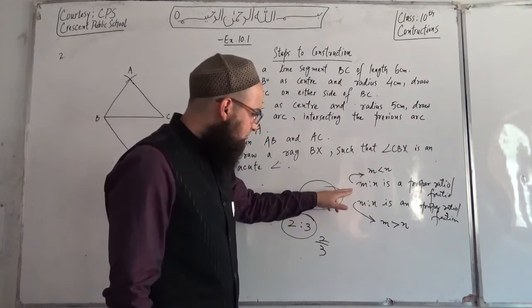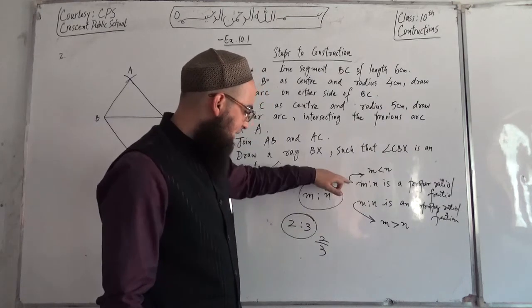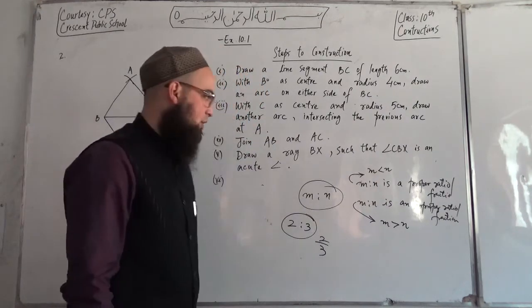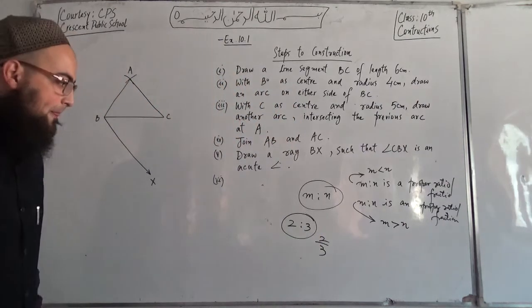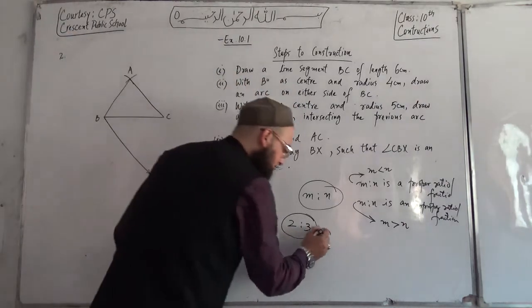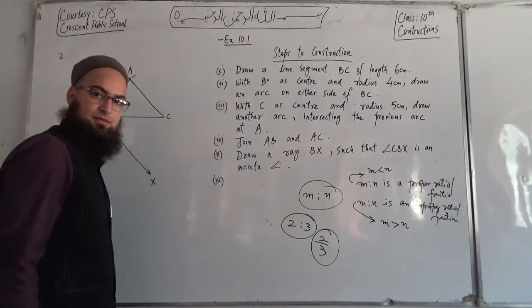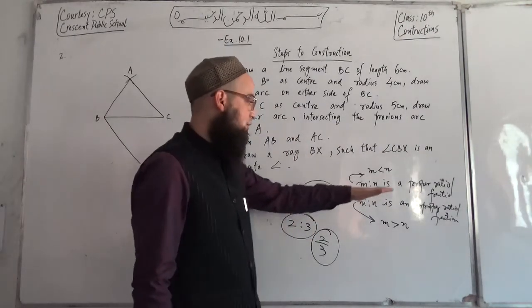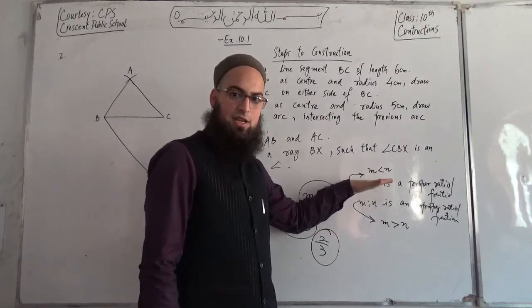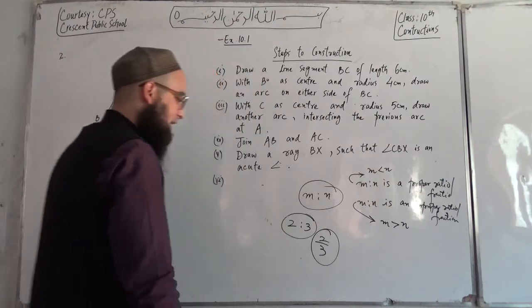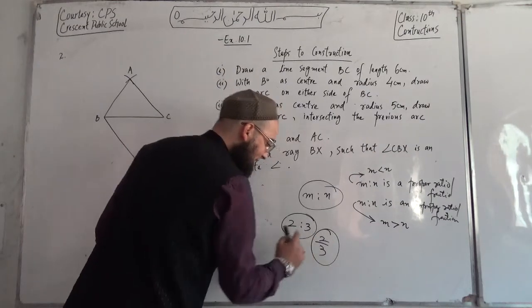So our case is the first case, proper ratio or proper fraction, where the numerator is less than the denominator. You got it? There are different procedures for case 1 and case 2. Here we are dealing with case first, that is 2 is less than 3.